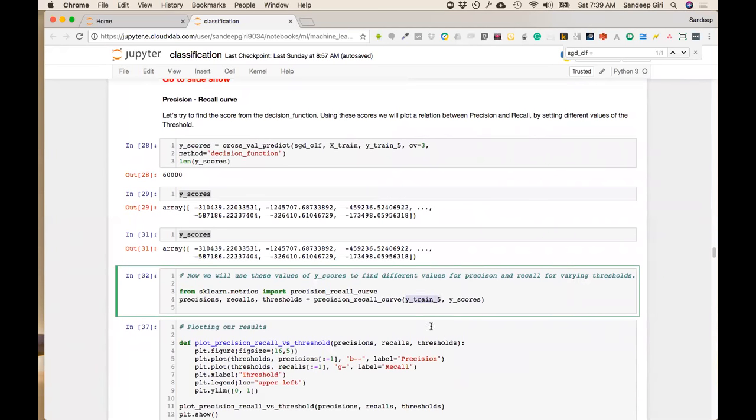We converted that problem into a binary one by comparing each value with 5. So y_train_5 is True if the particular value is 5, and False otherwise. Did that answer your question?